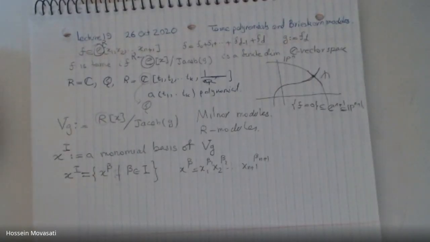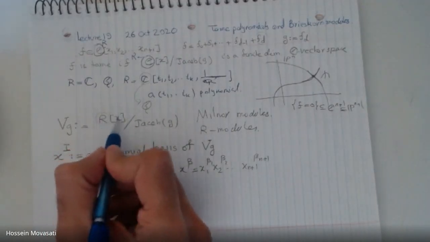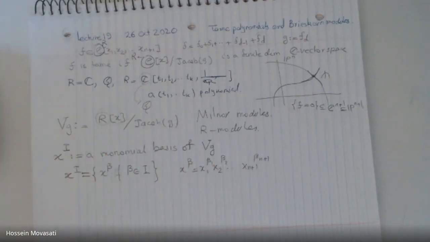R[x] as an R-module is generated by monomials, and we quotient it by this Jacobian ideal, and we can choose this space of monomials for this G, for this Vg.